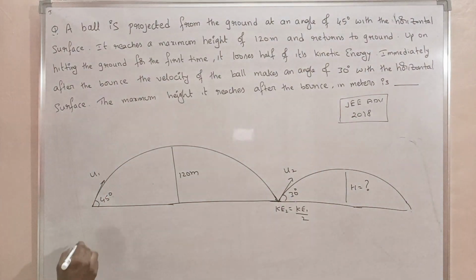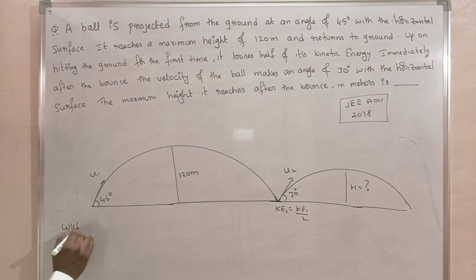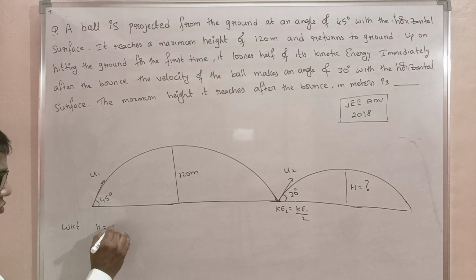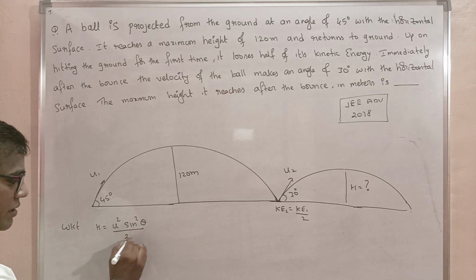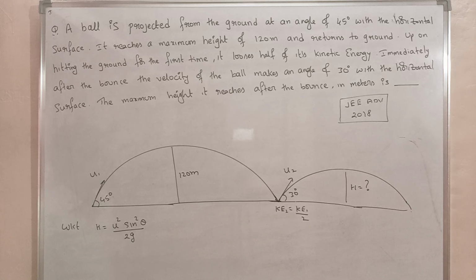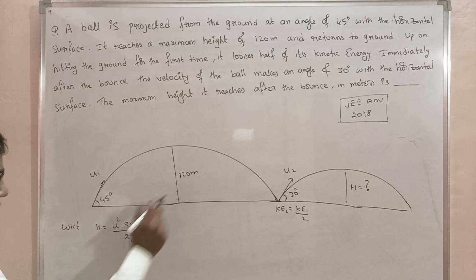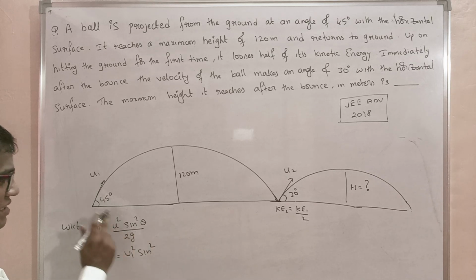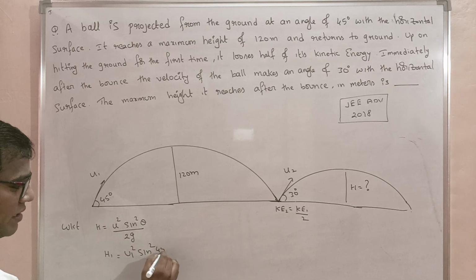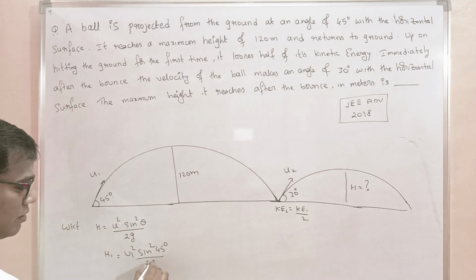We know the maximum height formula: h is equal to u square sin square theta by 2g. So in the first case I will write h1 is equal to u1 square sin square 45 degrees by 2g.